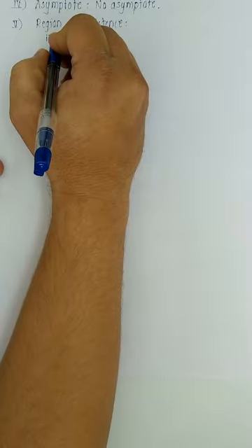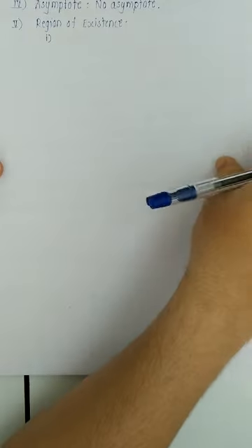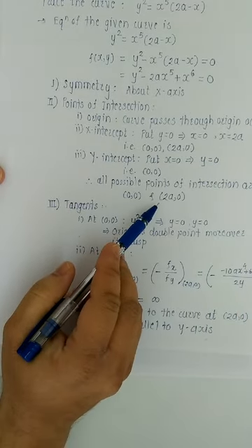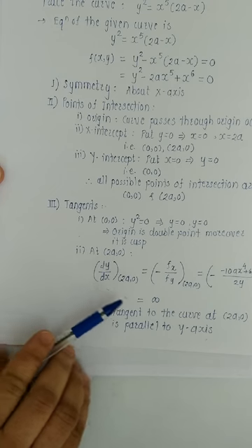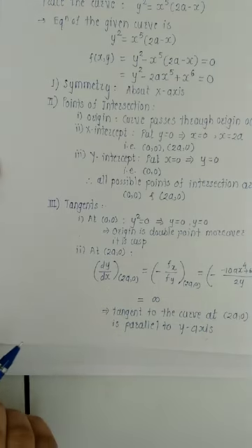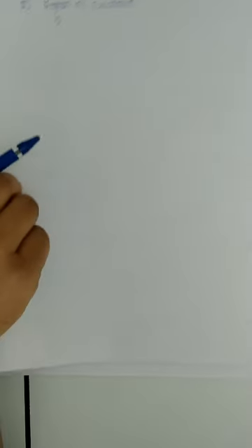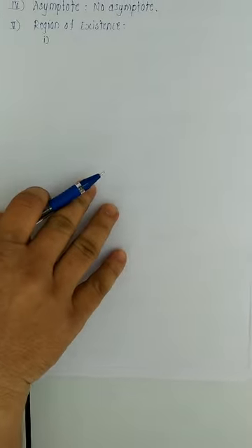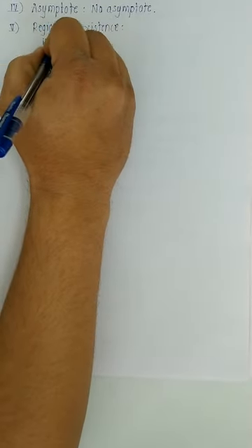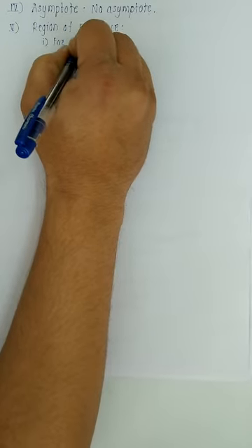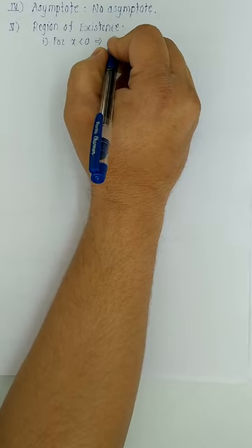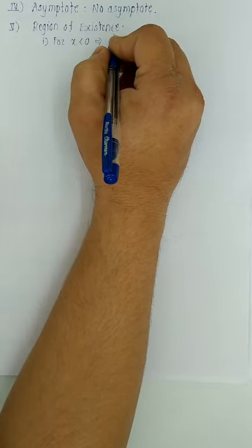We got the 2 points of intersection, 0, 0 and 2a comma 0, and we got the tangent parallel to the y-axis at 2a comma 0. So here we will consider three different intervals depending upon the values of x. First we consider x less than 0, and we will observe whether the y square value is positive or negative.